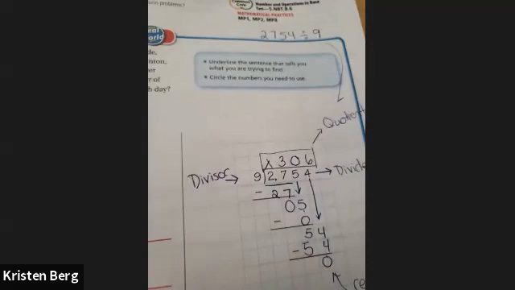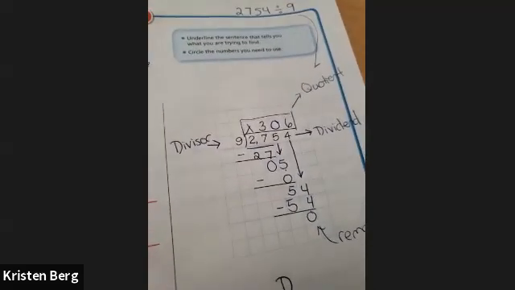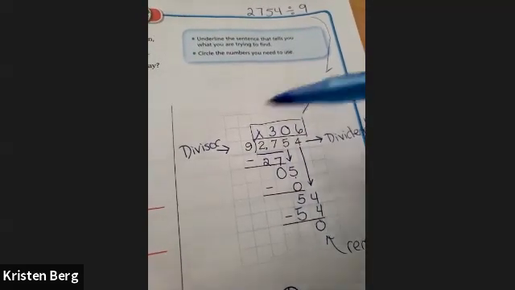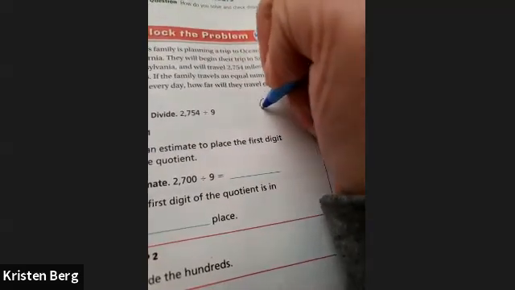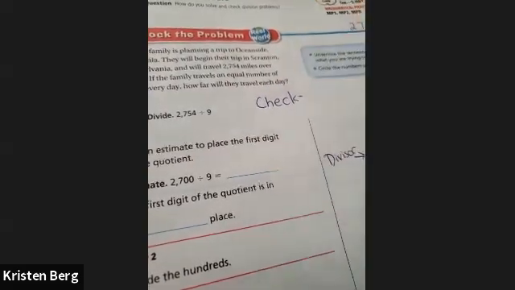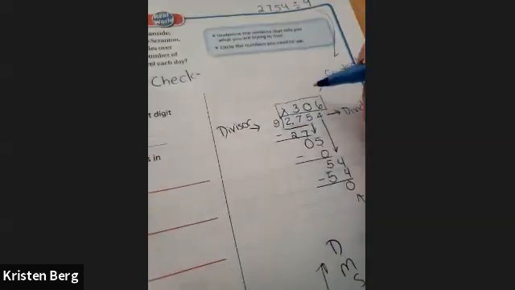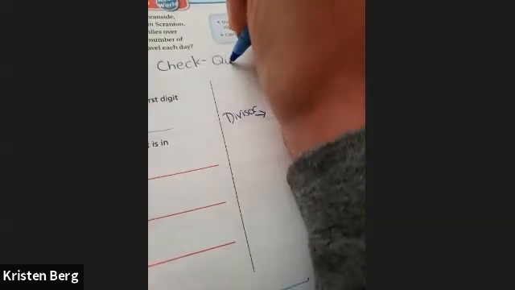Now, the next thing that I want you to know is that you are going to be asked how you could check this answer. So I'm just going to quickly go over that. In order to check it, I want you guys to write this. In order to check a problem, you have to do the following. You would take your quotient, which is your answer, remember? So I'm just going to write this in vocabulary terms.